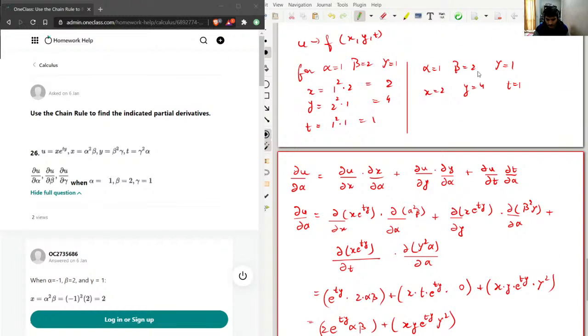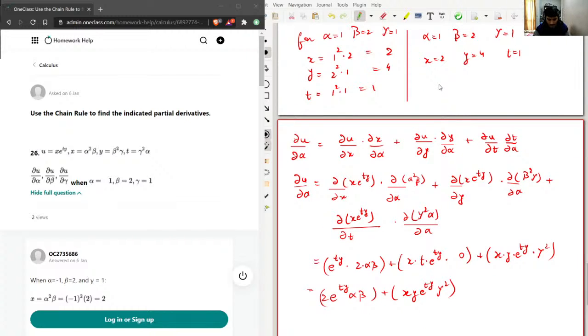We'll put these values in this one. This is 2 times e power t was 1, y was 4, then alpha was 1, y is 4, beta was given as 2, so 2 square into 1 here.